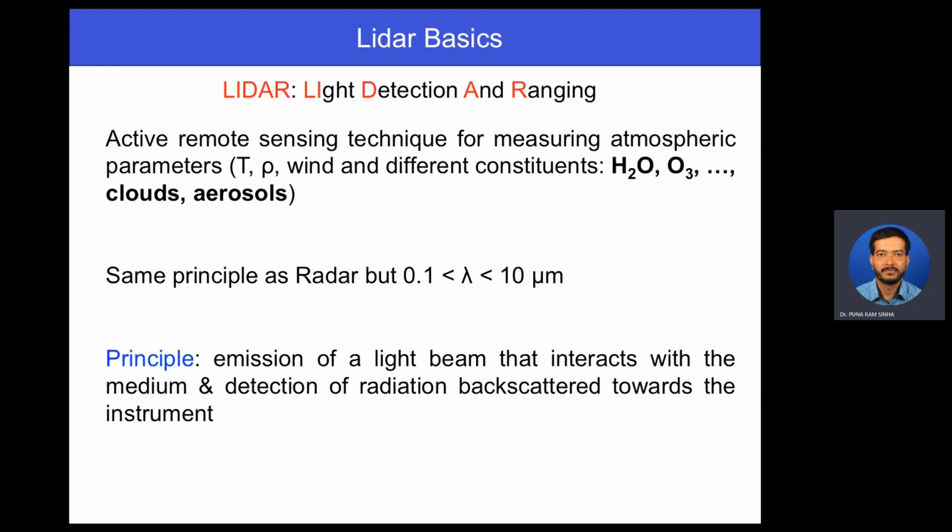The basic principle of LiDAR is very similar to radar, but it works at slightly smaller wavelength range, mostly in optical range. So the basic principle is that it emits the laser into the atmosphere and receives the backscattered light due to presence of particles and molecules in the atmosphere.